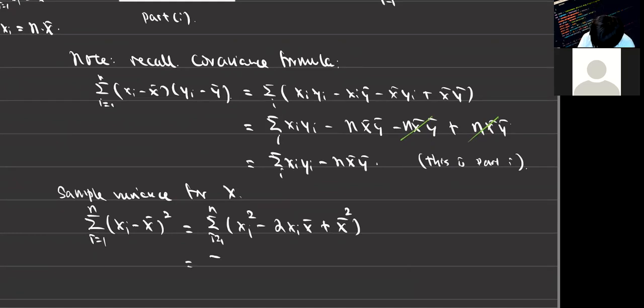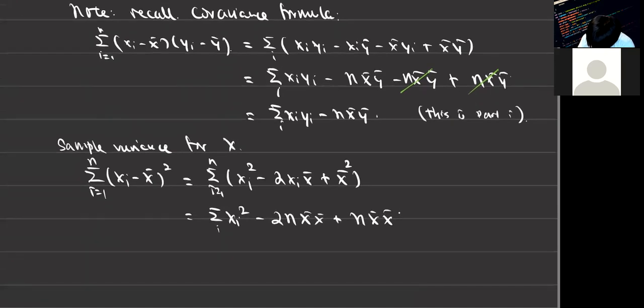And you can open up the parentheses. So that's xi squared minus 2 n x bar squared plus n x bar squared. Well, x bar squared is just a constant, right? So then I realize there's a cancellation going on here as well.